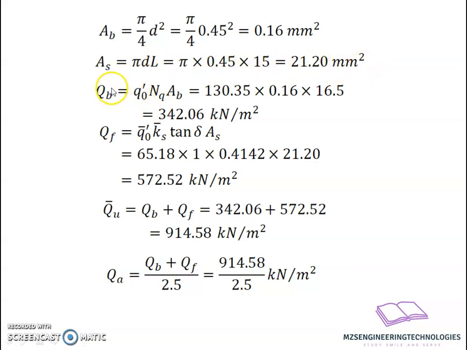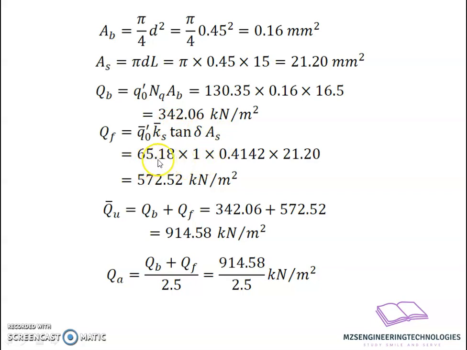Now Qb, if I want to know the ultimate load carrying capacity under bearing, equals Q naught dash times Nq into Ab, which works out to 130.35 multiplied by 0.16 multiplied by 16.5 equals 342.06 kilonewton. Similarly, for the frictional load carrying capacity or shaft resistance, it comes to Q naught dash bar multiplied by Ks bar tan delta As.